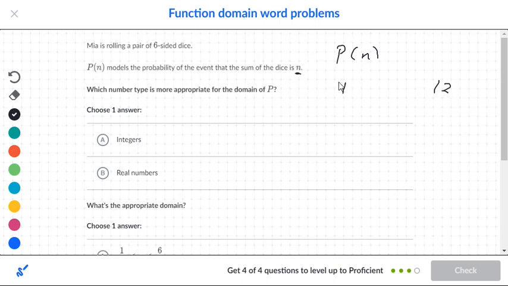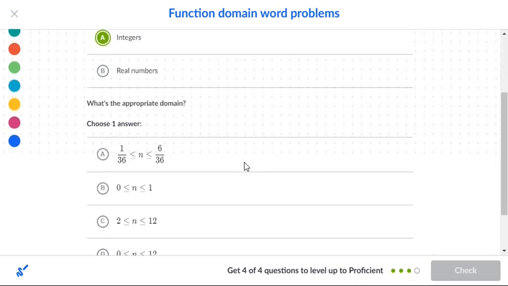You can't roll a 1 with a pair of dice. It's going to be 2, because remember, each die contains 1 through 6. So if we add it up, 1 plus 1 is 2. That's my smallest. 6 plus 6 is 12. Now, with rolling dice, there's no such thing as a decimal or fraction because they're six-sided. So this would definitely be integers.